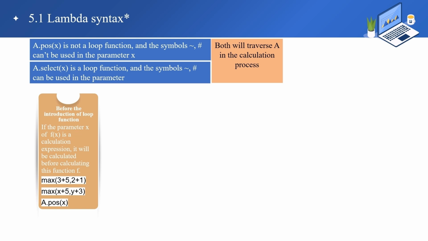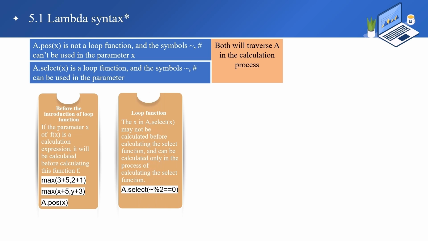However, a.selectx is different. This x may not be calculated before calculating the select function. It can be calculated only in the process of calculating the select function. For example, a.select(~%2==0): we can't calculate ~%2==0 before calculating the select function. There is an unknown tilde, which can only be determined in the process of looping a, and then we can calculate this expression.